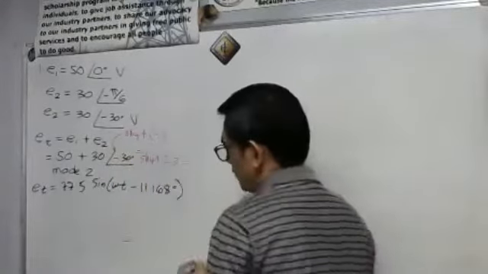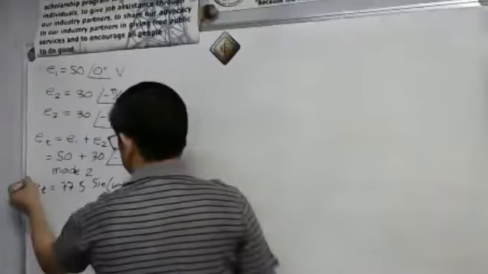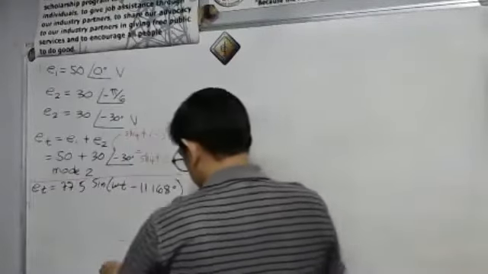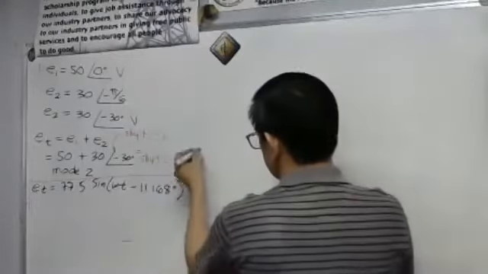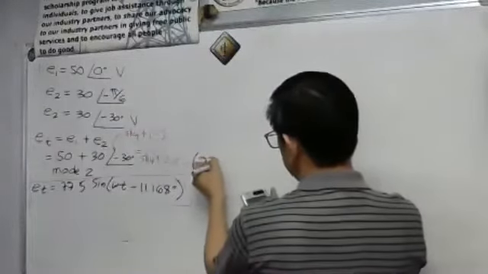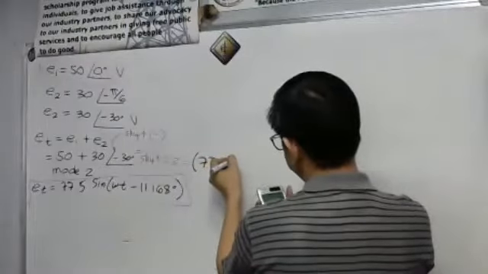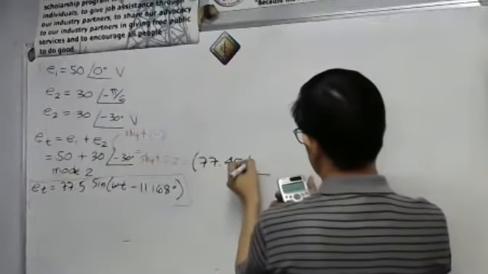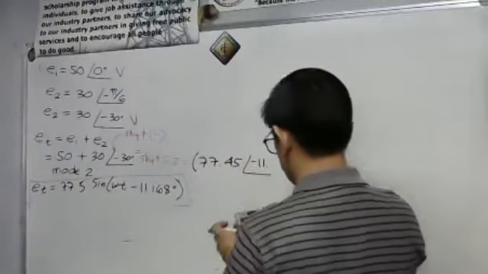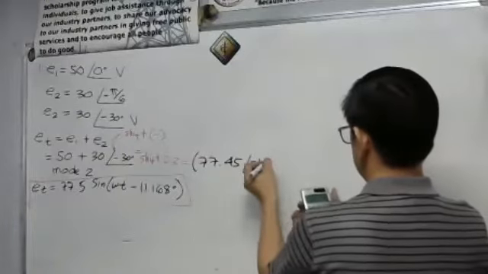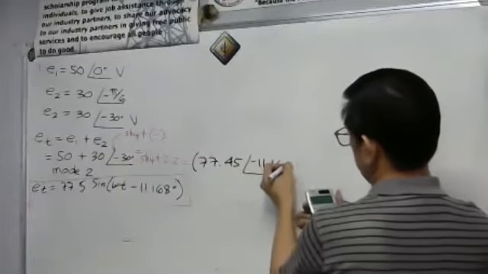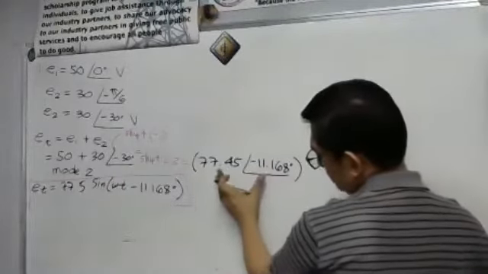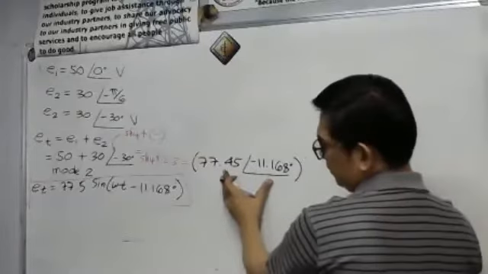Then shift 2, 3 equals. Okay? So you will have this answer. Actually, in your calculator, this will register 77.45. Okay? So we have here negative 11.168 degrees. Okay? So that will be the answer in your calculator.